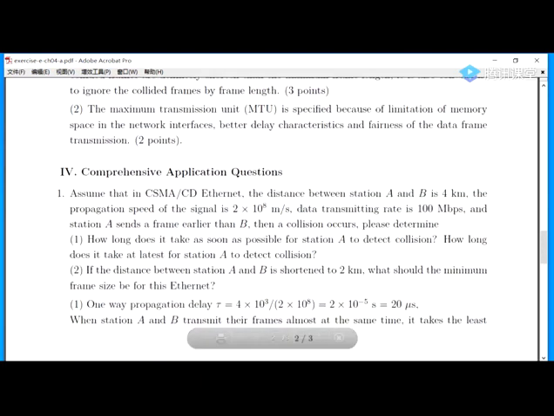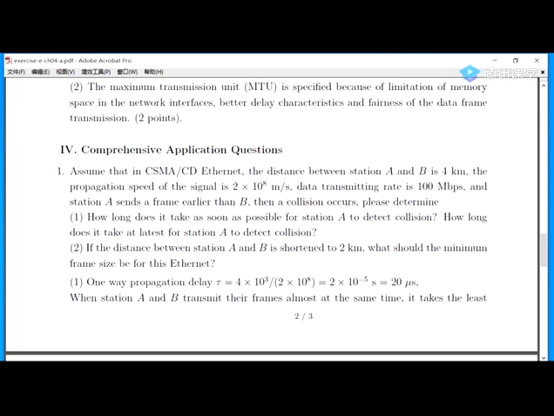So then we have some comprehensive calculation and application questions. Question 1, assume that in a CSMA/CD Ethernet, the distance between station A and B is 4 kilometers.